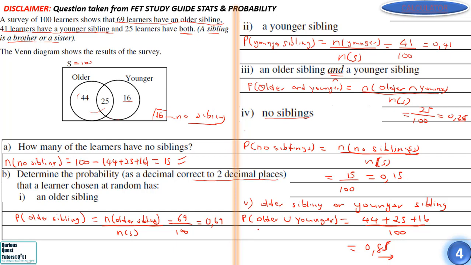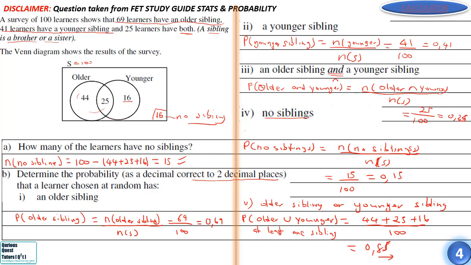What if they said someone has at least one sibling? Well, that means greater or equal to 1. That means the same question, older or younger. So you would add up all these people, because this person has a sibling, or this person has 2, which means at least 1, etc. So please do think about these types of questions carefully.